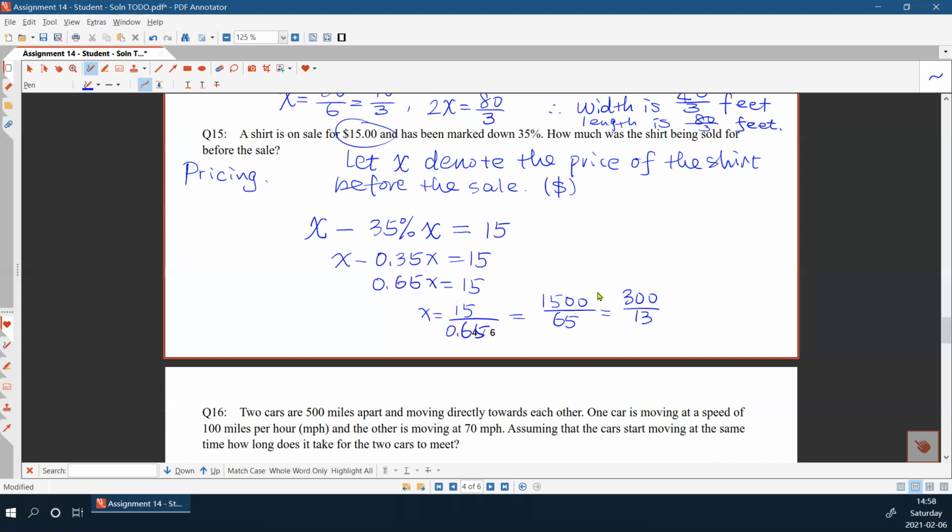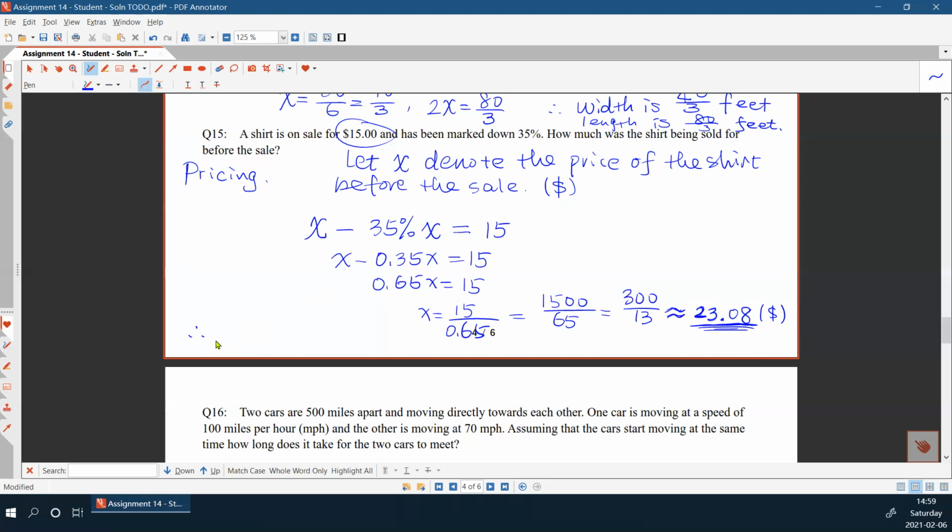Because it's a practical problem, an application problem, it's better for us to denote this number using a decimal rather than a fraction. Because in real life, if it's a price, usually it will be something with two decimals, right? So it's better to write it in this way. Of course, it's approximately 23.08.